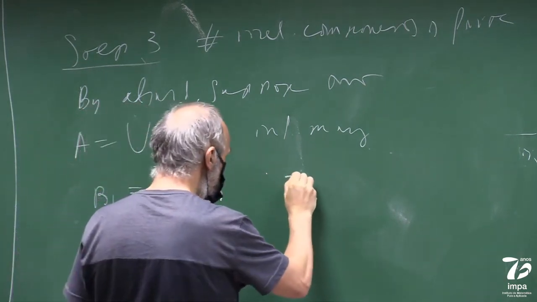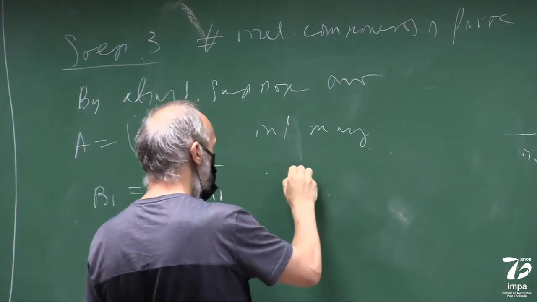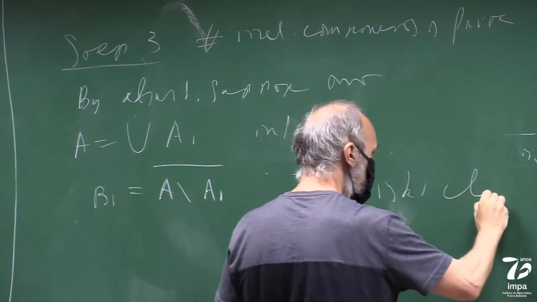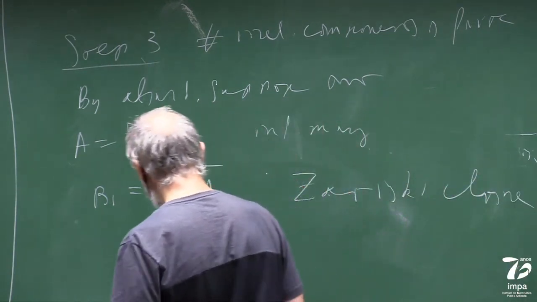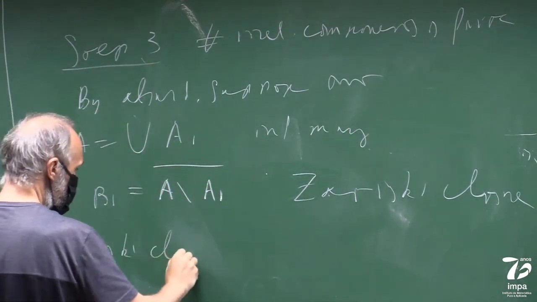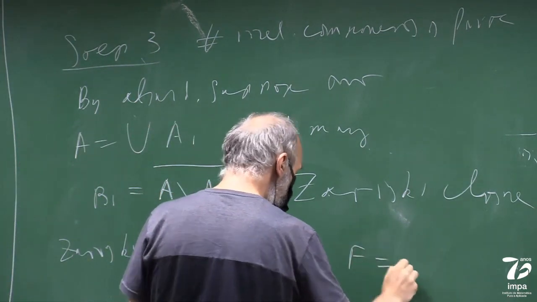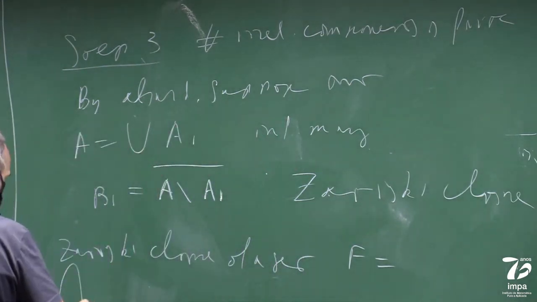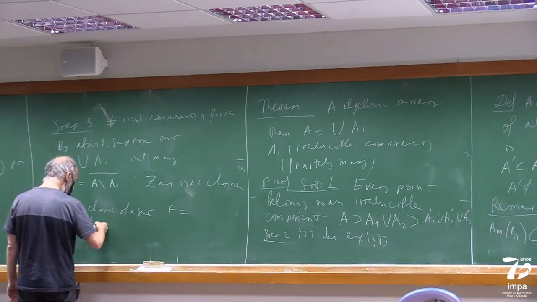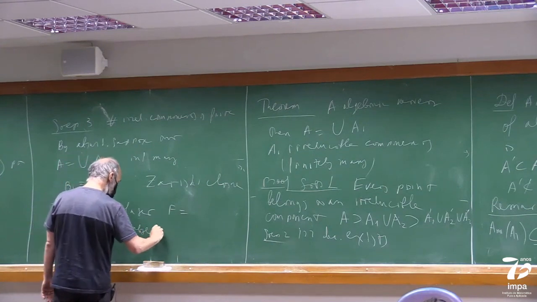It's a bit like the usual topological closure. The Zariski closure of a set F is the intersection of all algebraic subsets containing F.